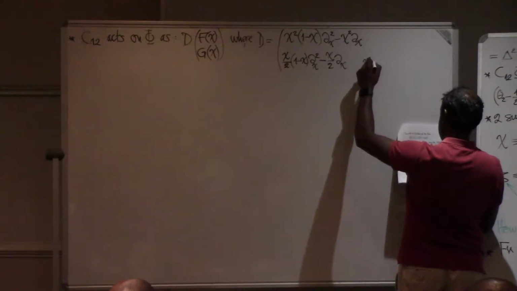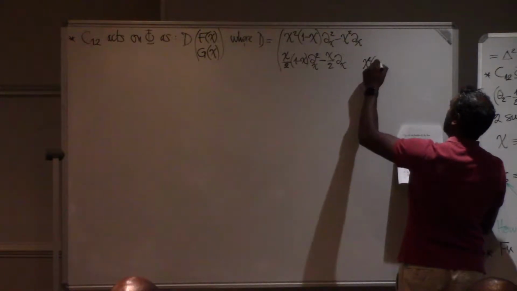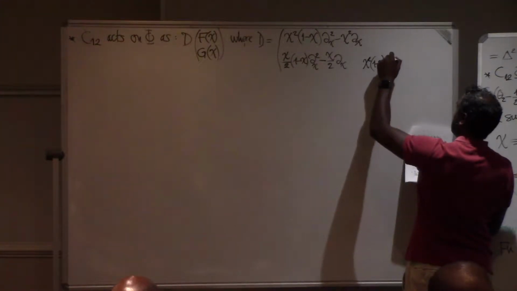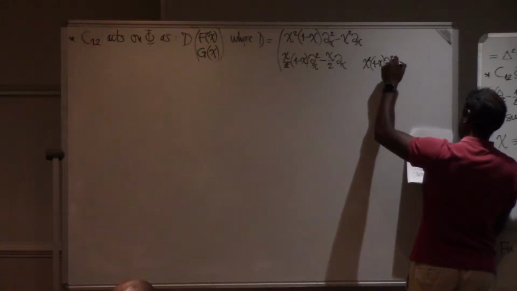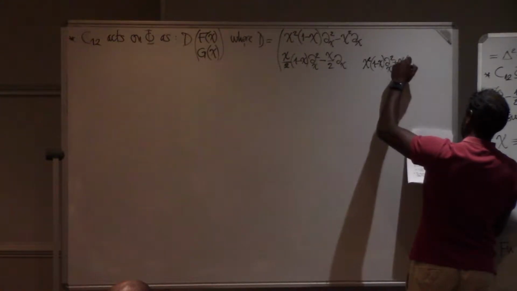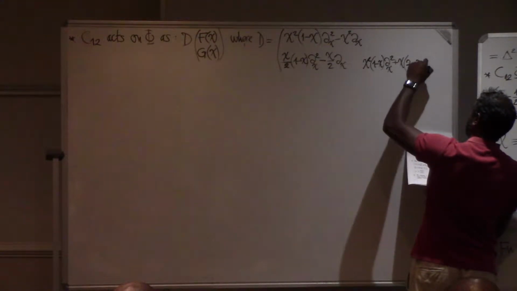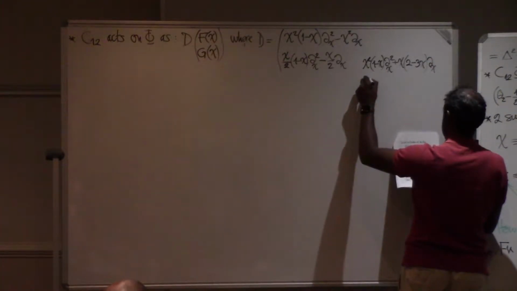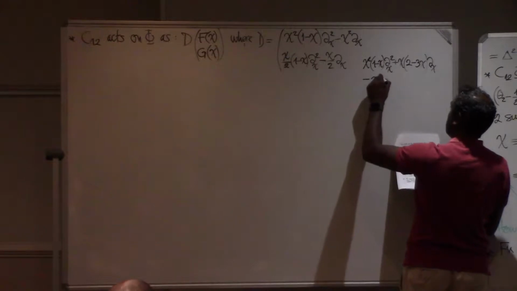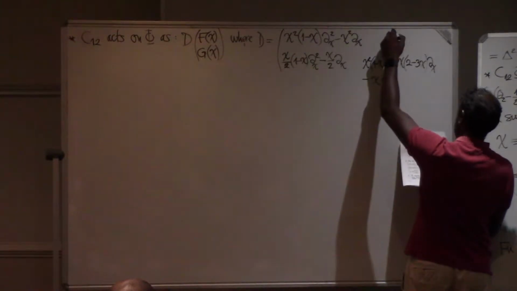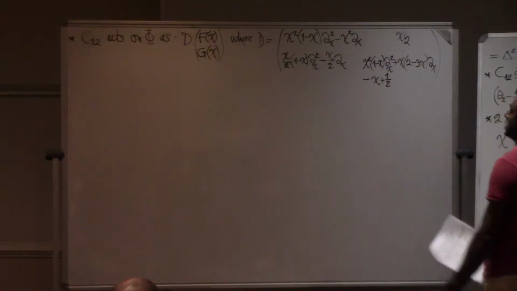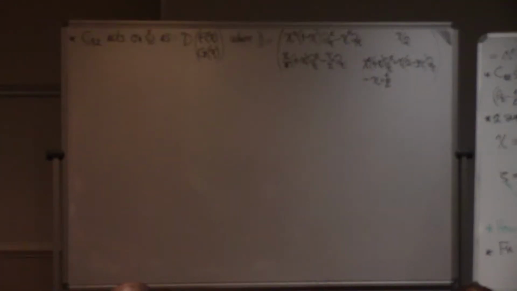Chi squared times 1 minus chi, d chi squared, plus chi times 2 minus 3 chi, minus chi plus a half, and top here is just chi over 2. So this is a 2 by 2 matrix of differential operators.